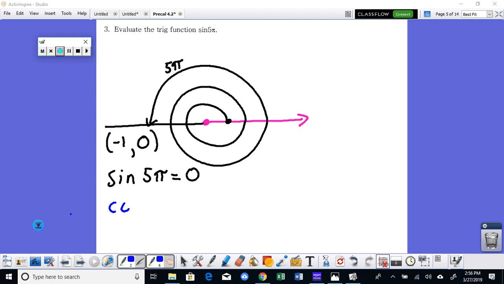So the cosine of 5 pi is my x value, and that is -1. Okay?